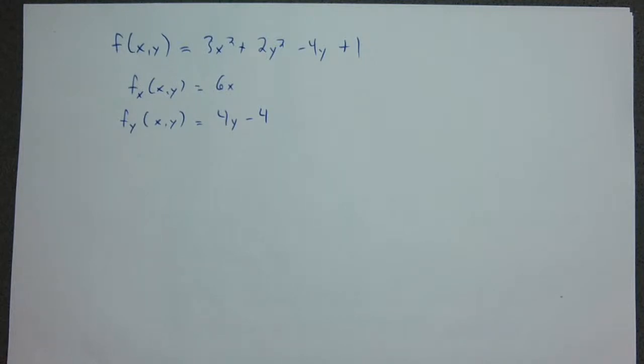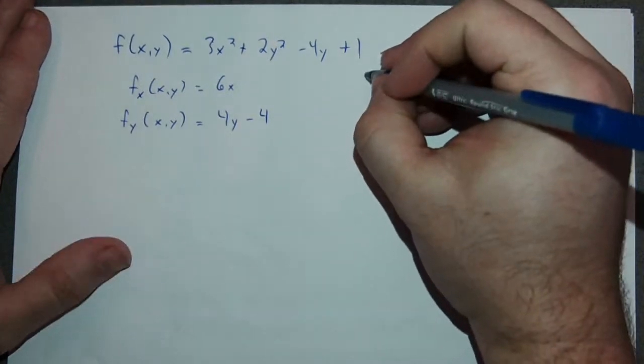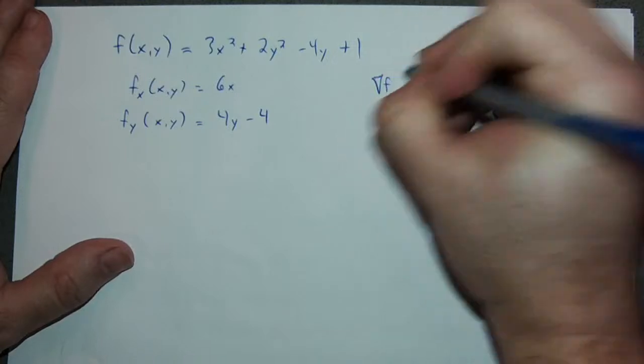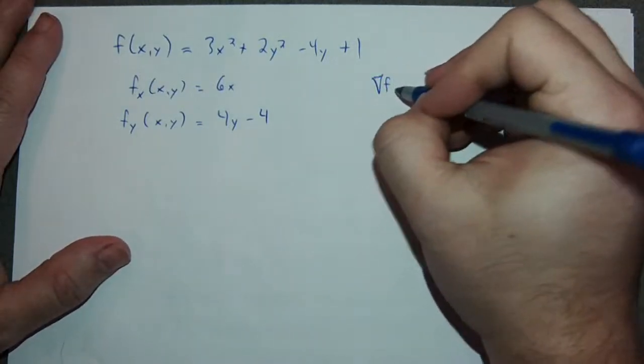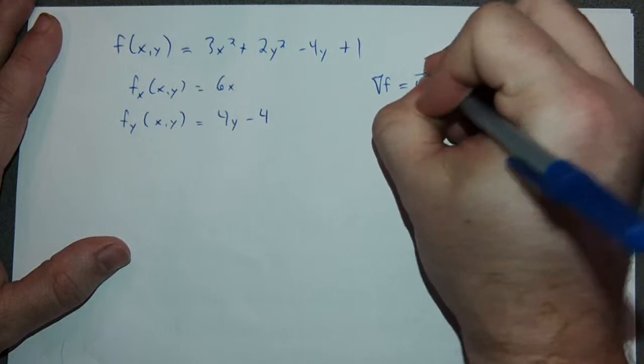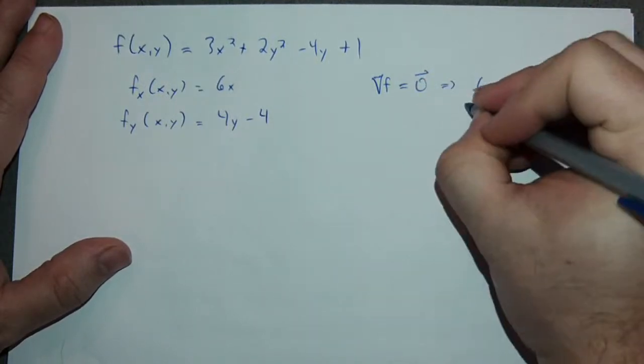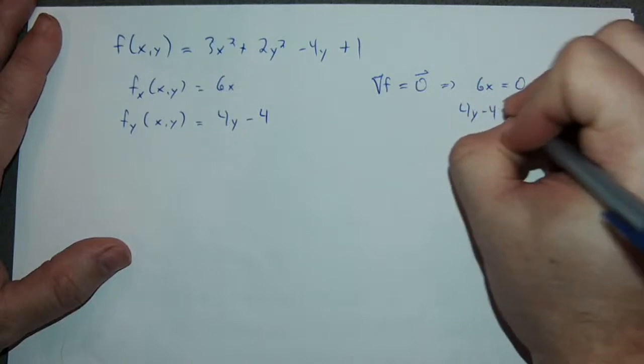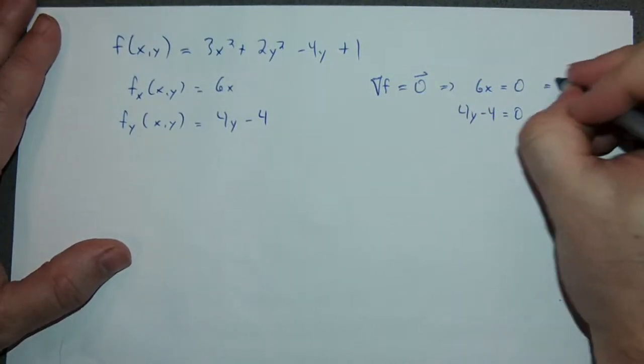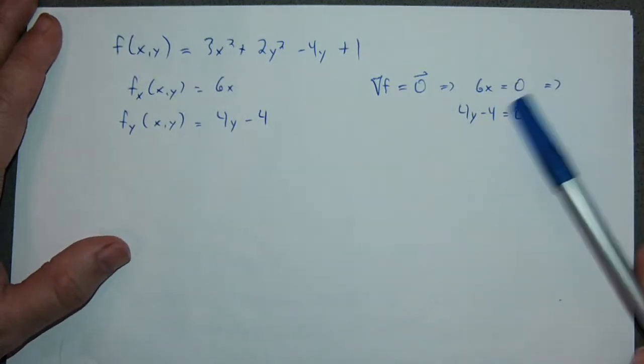Okay. So if I set my gradient of f equal to 0, right, what do I get? That is saying that 6x is equal to 0 and 4y minus 4 is equal to 0. So this is pretty straightforward because each of these only depend on x and y.